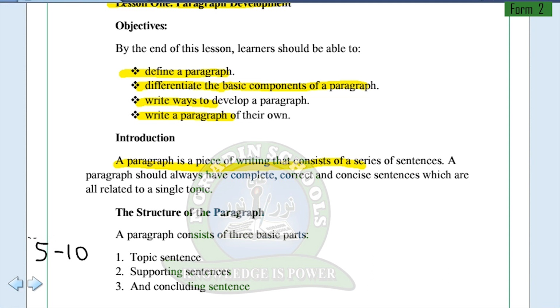Maybe you're asking yourself, can I write more than 10? It's up to you. It depends on the topic that you are writing about. If the topic is too long, you don't need to write only 5 to 10. You can write more than 10, but this is the least. You can start from 5 to 10 sentences.